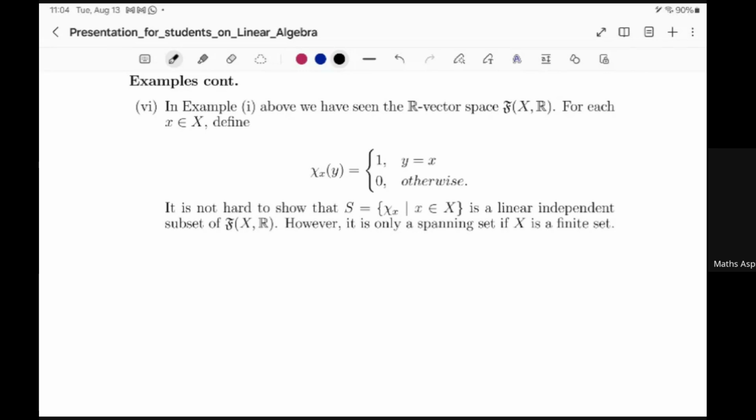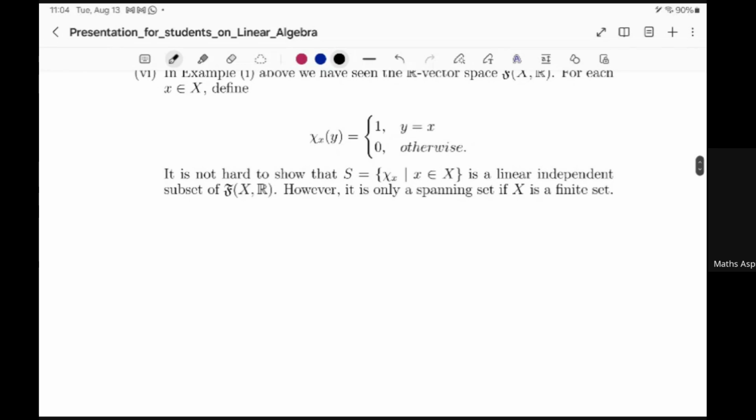And it's actually kind of easy to see, but this is not going to be a spanning set unless X is itself a finite set. Well, why is that? Why is a finite set enough? Let me give you an example.